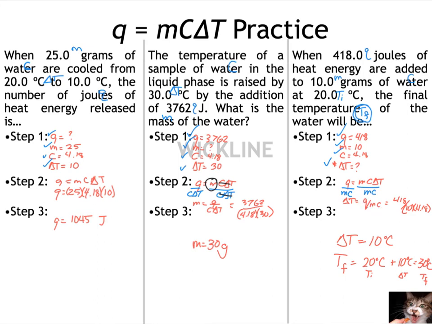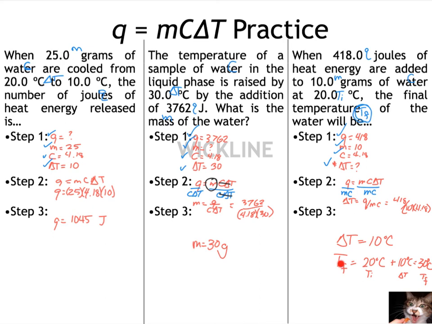And plugging in values, I get 418 as my Q, 10 for the mass, and 4.18 for my specific heat capacity. And executing those operations gives me a change in temperature of 10 degrees Celsius. But remember, I was actually needing final temperature, not change in temperature. So I set up a very simple equation.